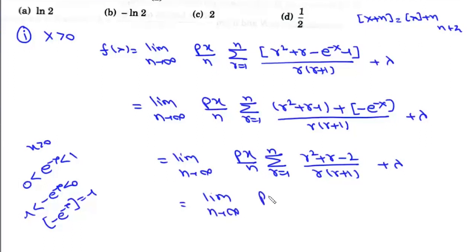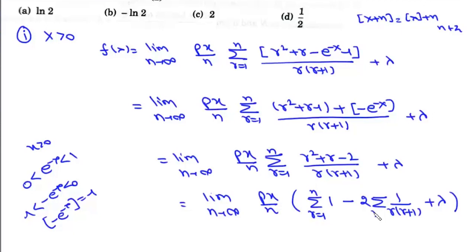which we can also write as this limit n tends to infinity of px by n, summation 1 as r varies from 1 to n, and then minus 2 summation 1 upon r plus 1, plus lambda. Here r varies from 1 to n.